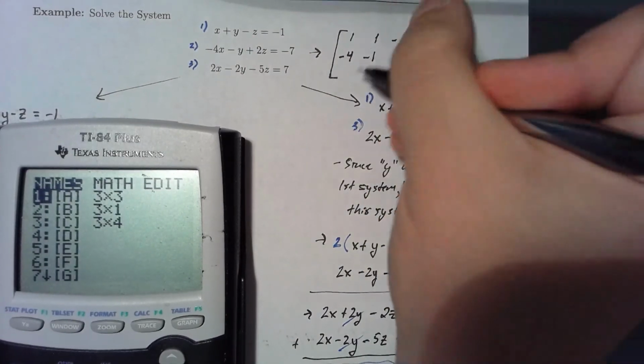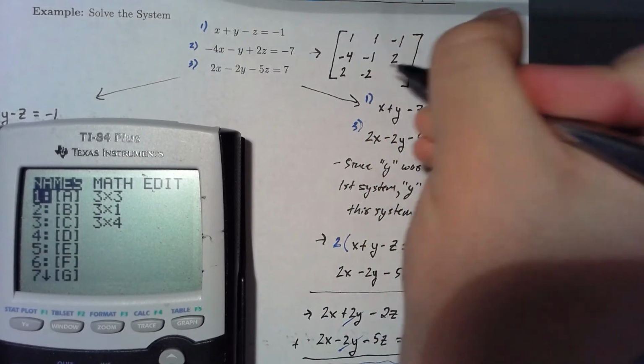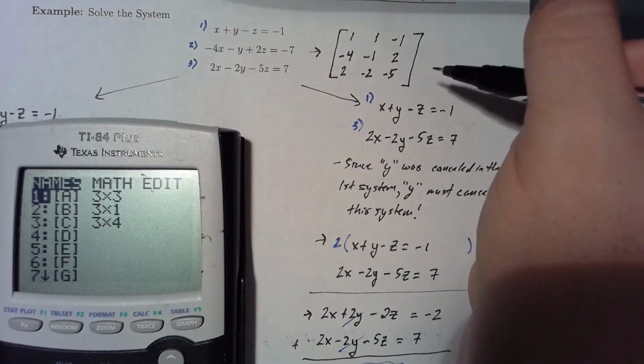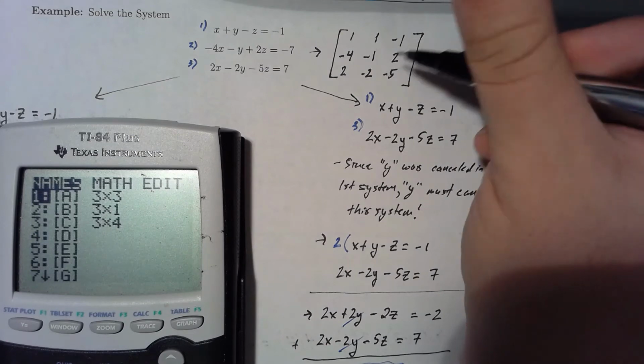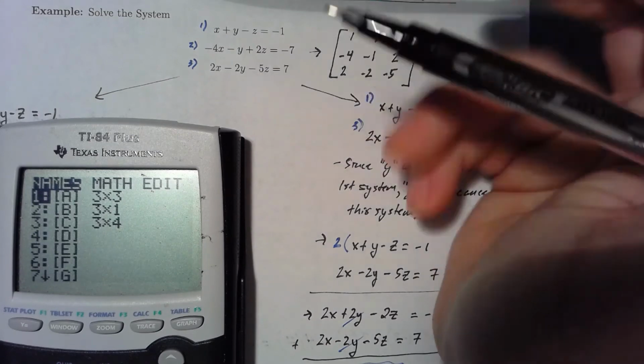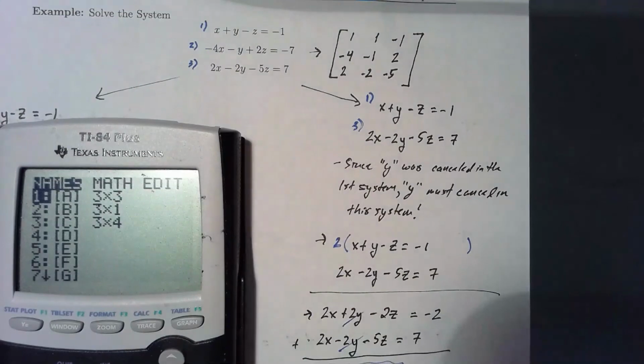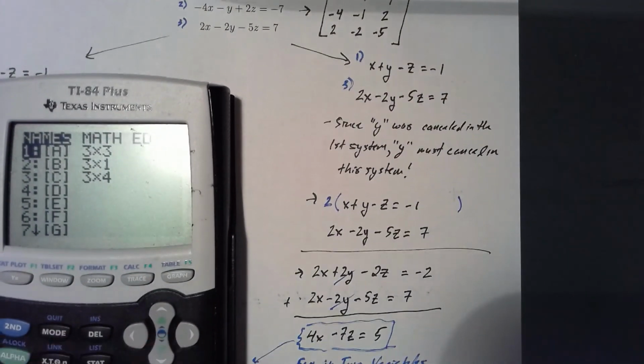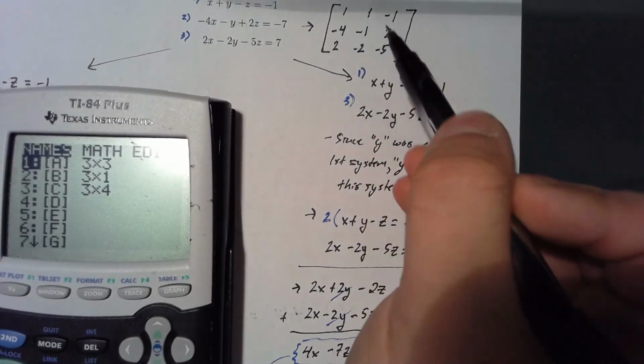And in the third, it's 2, negative 2, and negative 5. So if I want to solve this system, I'd have to use some higher level math, but if I want to do it on my calculator, I'm just going to use this matrix.